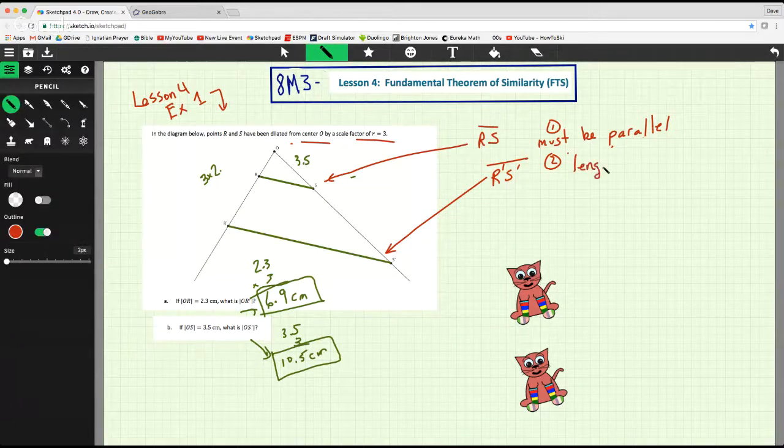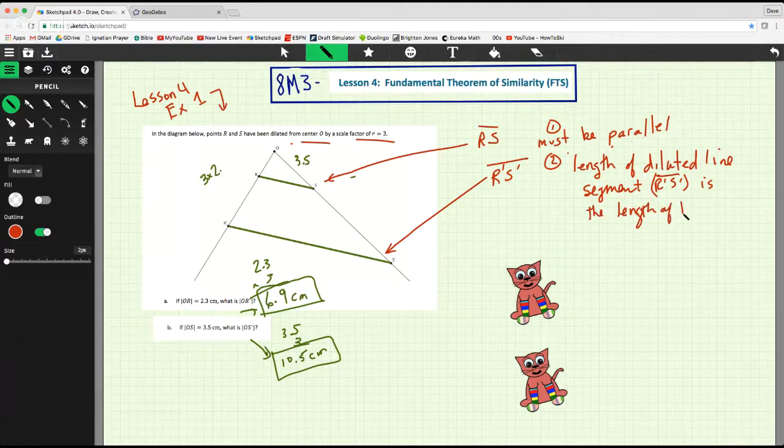That the length of the dilated line segment, in this case R prime, S prime, is the length of the original line segment, RS, times the scale factor.